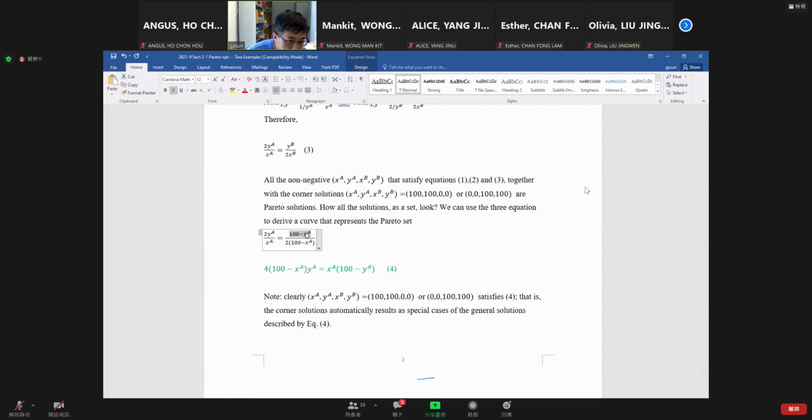So therefore, Y minus the quantity given to Alice is to be received by Bob. And similarly, this one, XB equals 100 minus XA. And now we have a little bit better formulation. Here we have only two variables, XA and YA.